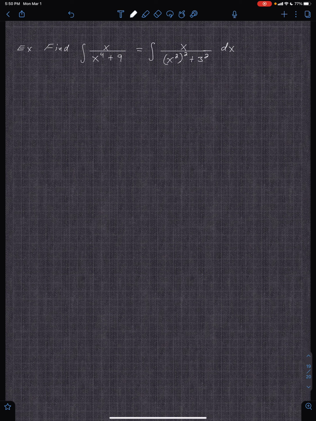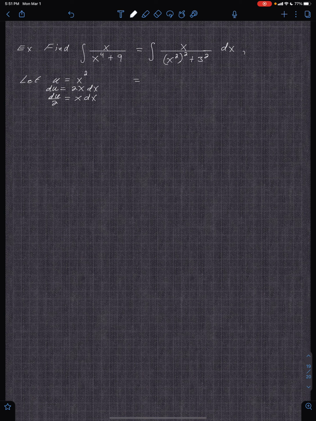So it's close to the form we want. If we do a u substitution, so we want to let u equal x squared, then du is 2x dx. And so du over 2 is equal to my x dx.